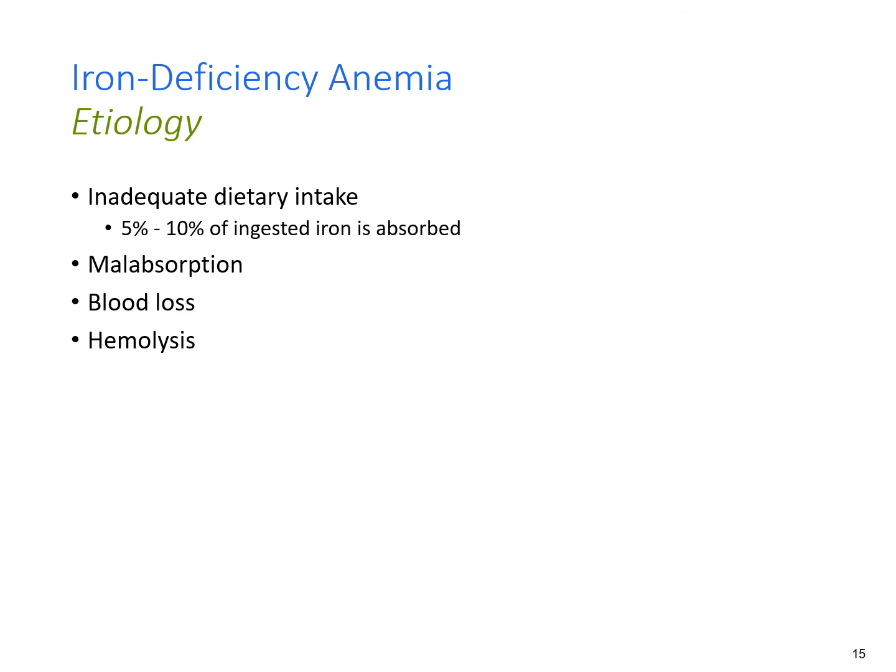In terms of blood loss, it could be because of things like peptic ulcers, gastritis, maybe diverticulitis. So anything that is an issue could potentially be a problem under blood loss.